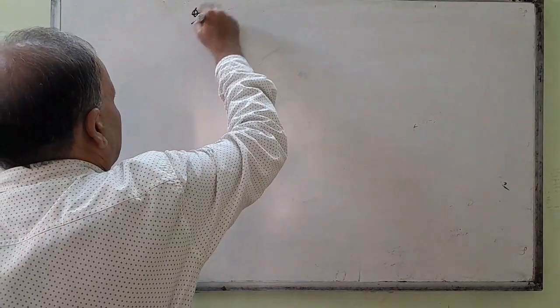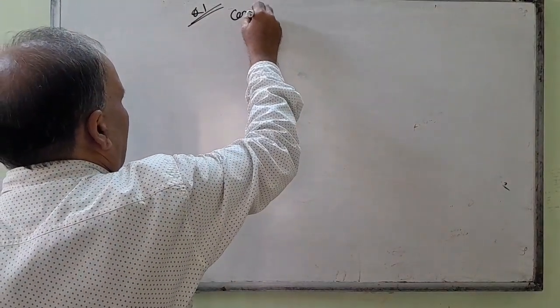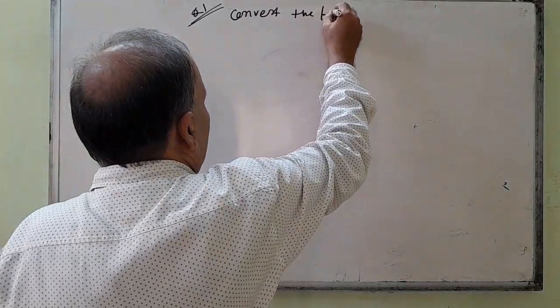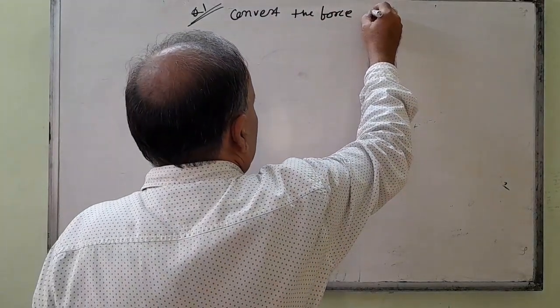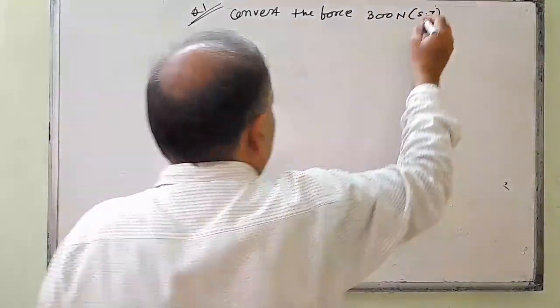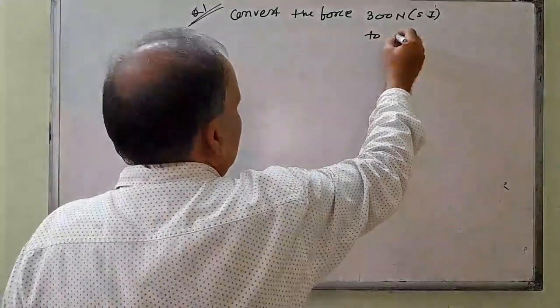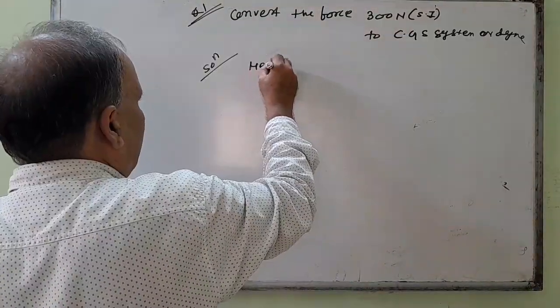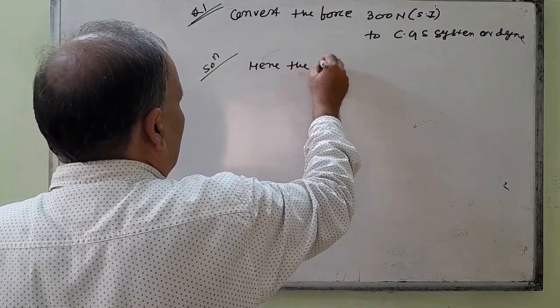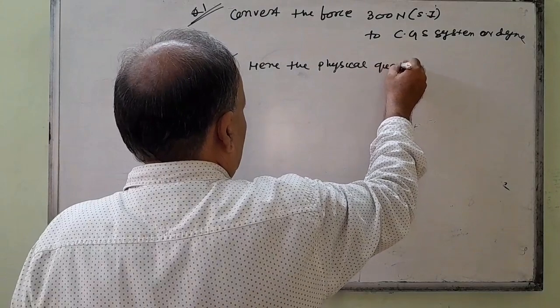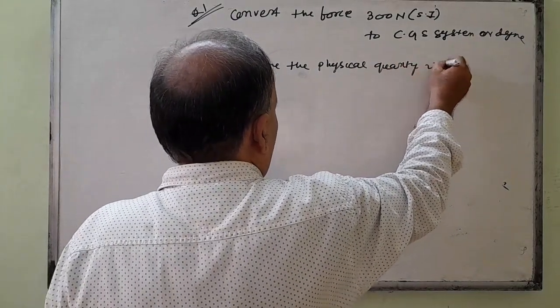Question number 1: convert the force of 300 Newton, that is SI, to CGS system. Here, the physical quantity is force.